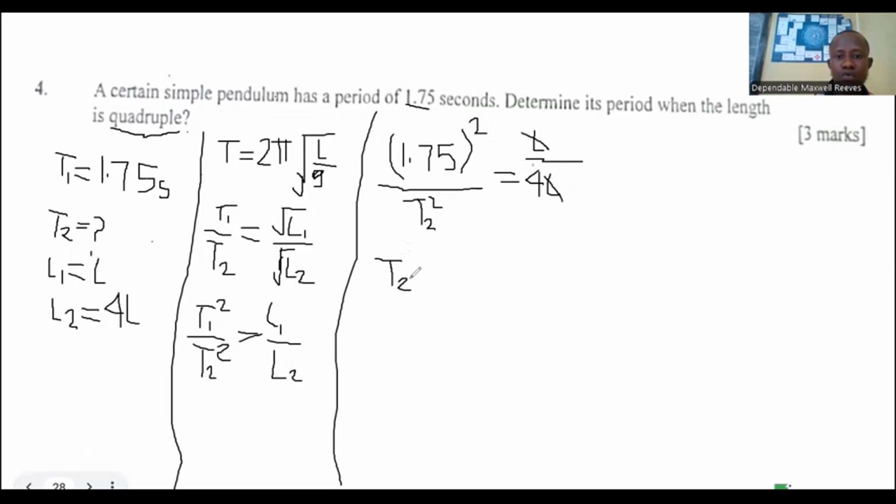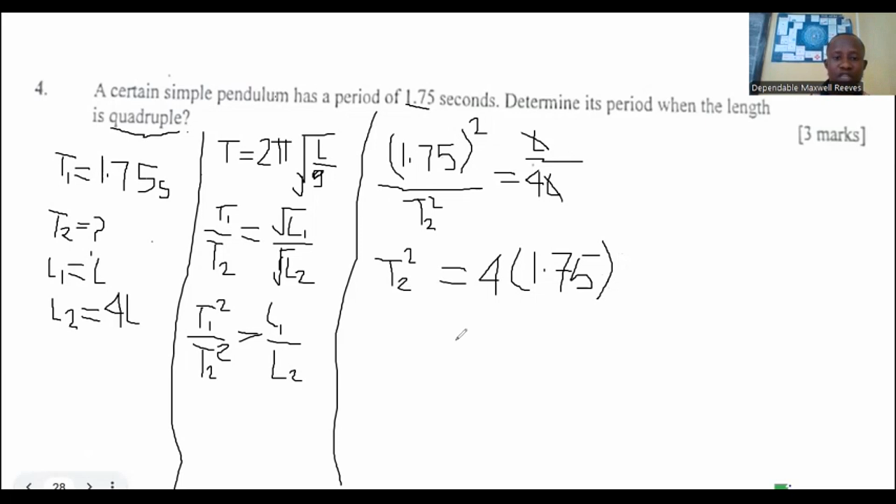During our cross multiplication, we have T2 squared equal to 4 times 1.75 seconds squared. Now, we want to find T2, not T2 squared, so we need to eliminate the square by taking the square root on both sides of the equation.